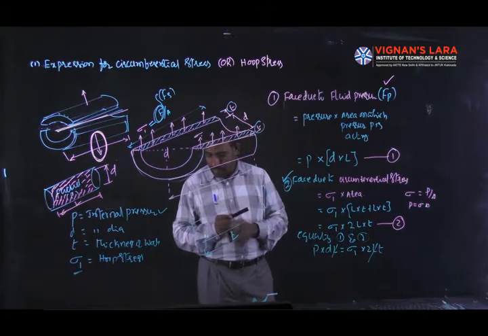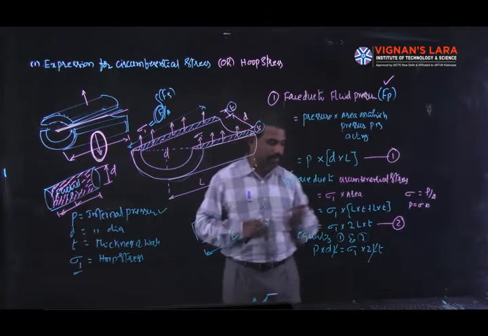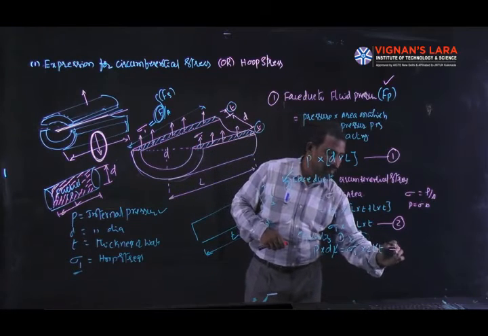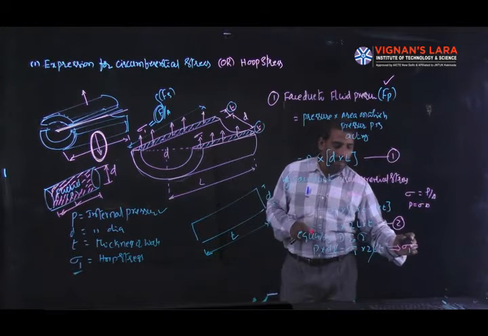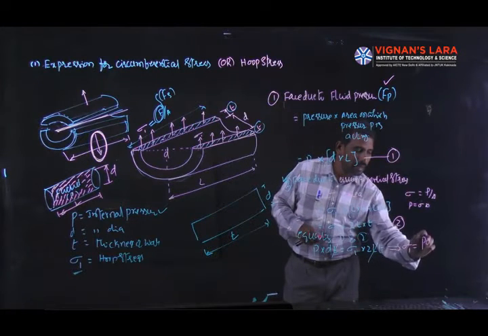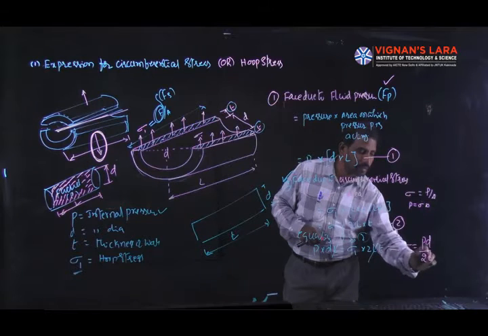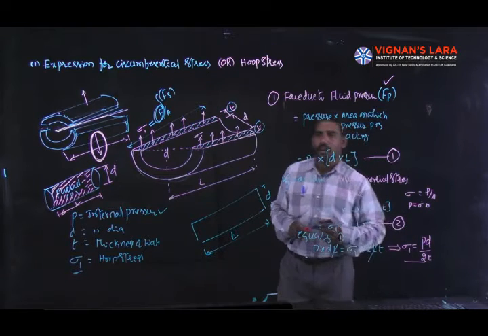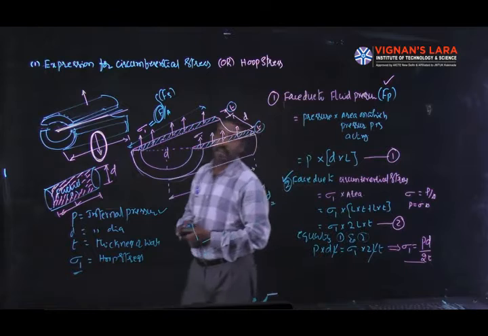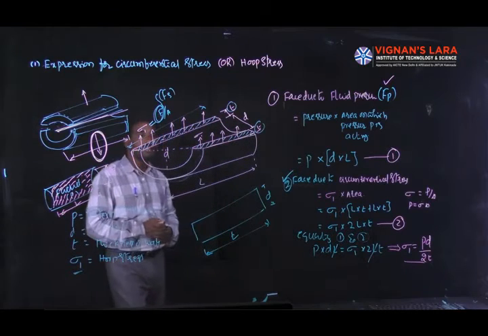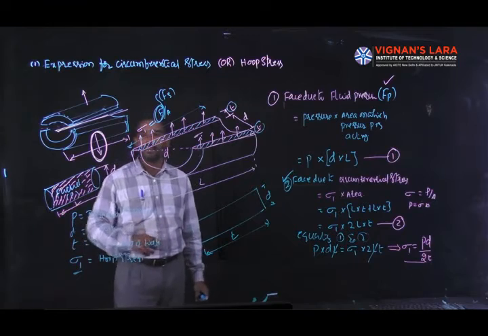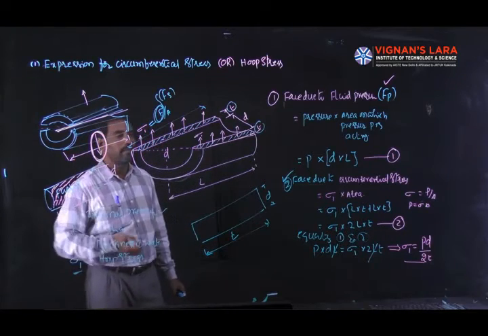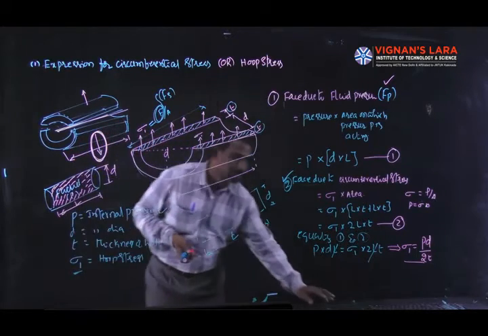What we have to calculate is the stress, so sigma 1 is equal to PD by 2T. This is the expression for calculating the stress induced in a cylindrical shell subjected to a fluid pressure.